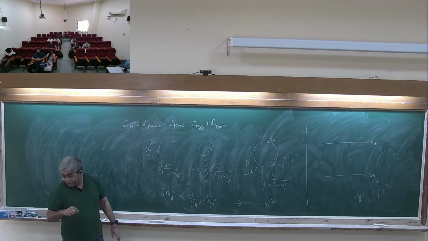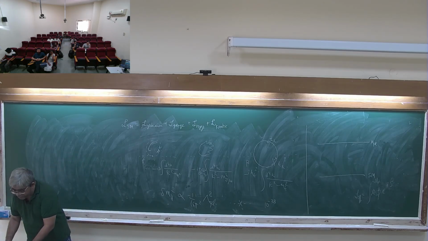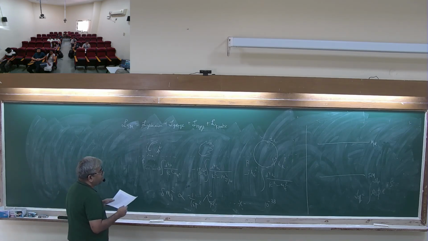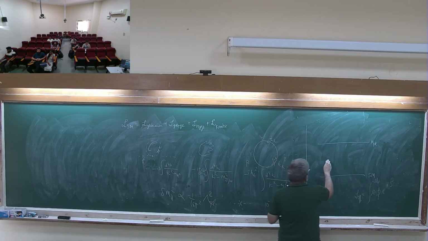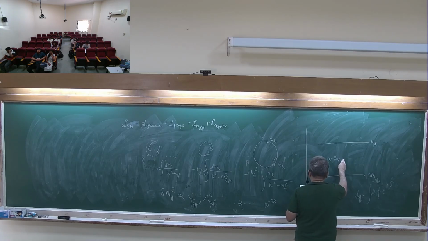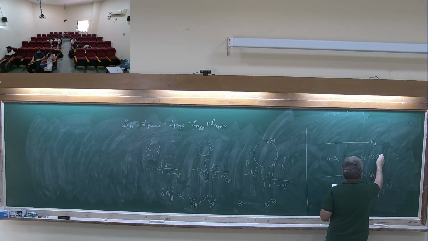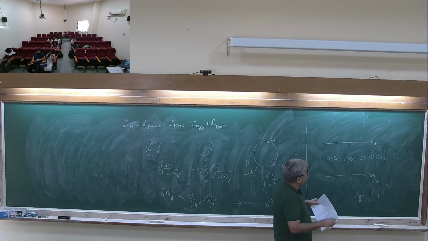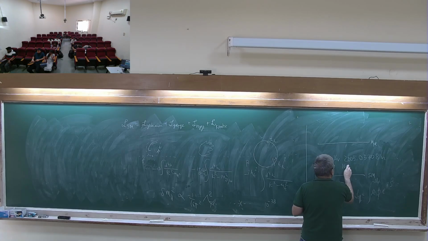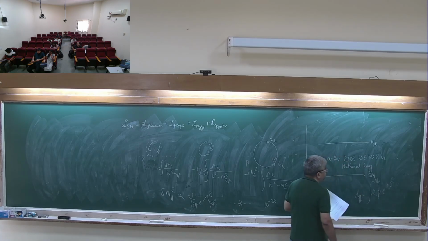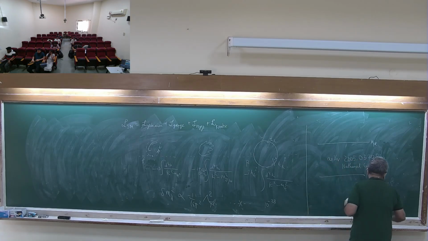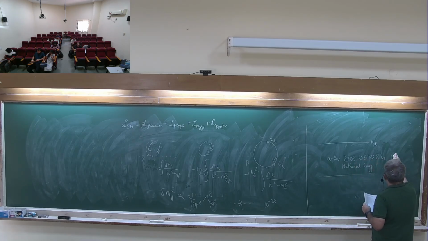This history is covered in an extremely nice paper by Nathaniel Craig, which I'll put up. Some of the examples are also present in Judice's earlier review on naturalness, and in the naturalness Snowmass white paper.